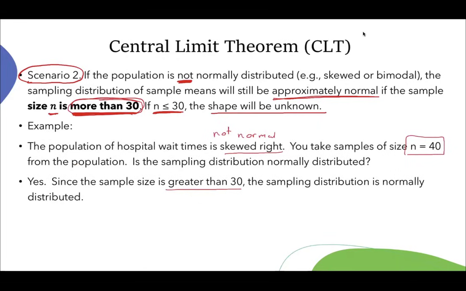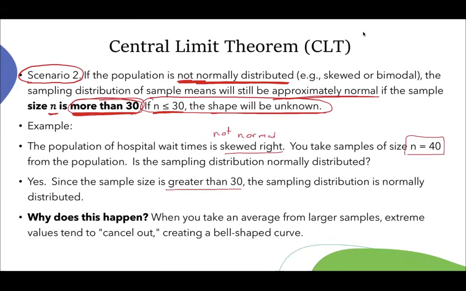Now, if you have a scenario where n is less than or equal to 30 and the population is not normally distributed, you won't be able to do a problem like that. And so most of the problems that you'll see me ask you in this unit are all about n's that are greater than 30 if the population is not normal, because if it's not, then you won't be able to do the problem.